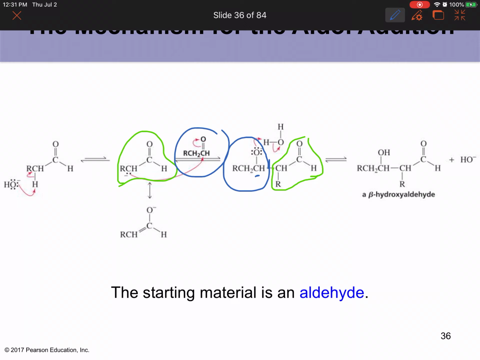Okay, normally it's called aldol because it has an aldehyde group and also an alcohol. This is the aldehyde group and that's the alcohol, so that's an aldol product when the starting material is an aldehyde. And a ketone can also do the same.